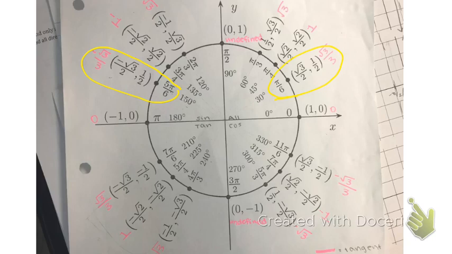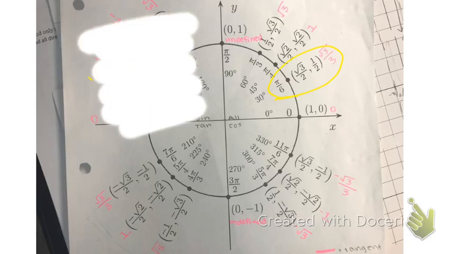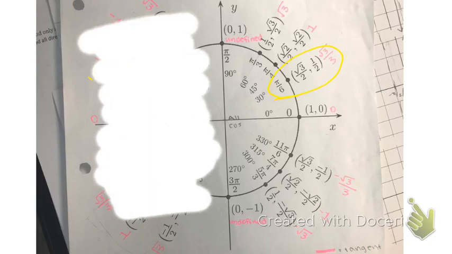So when we came up with our inverse, we said, forget about this side. We have to constrict it to quadrant 1 and 4. So now we're just going to look for where sine equals 1/2.